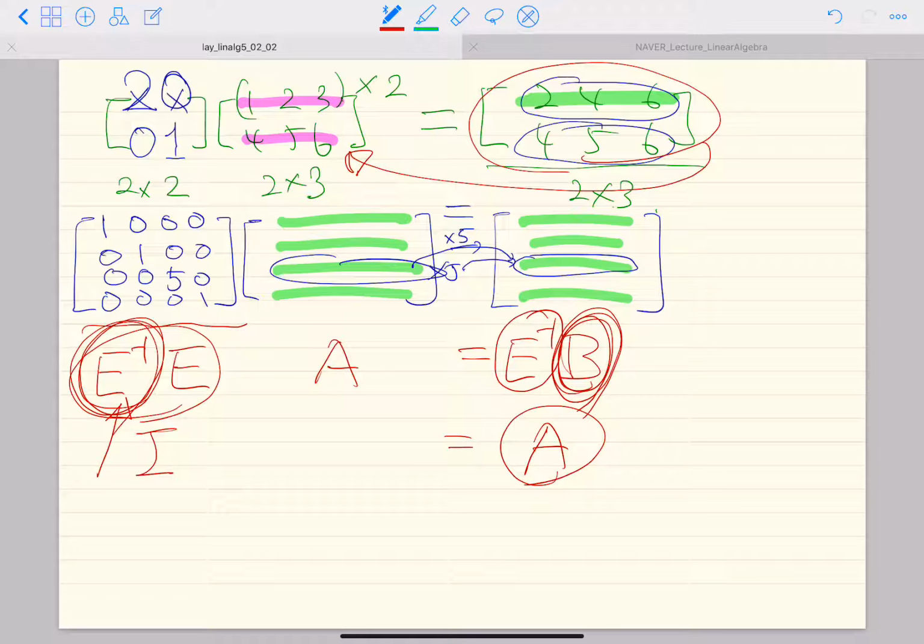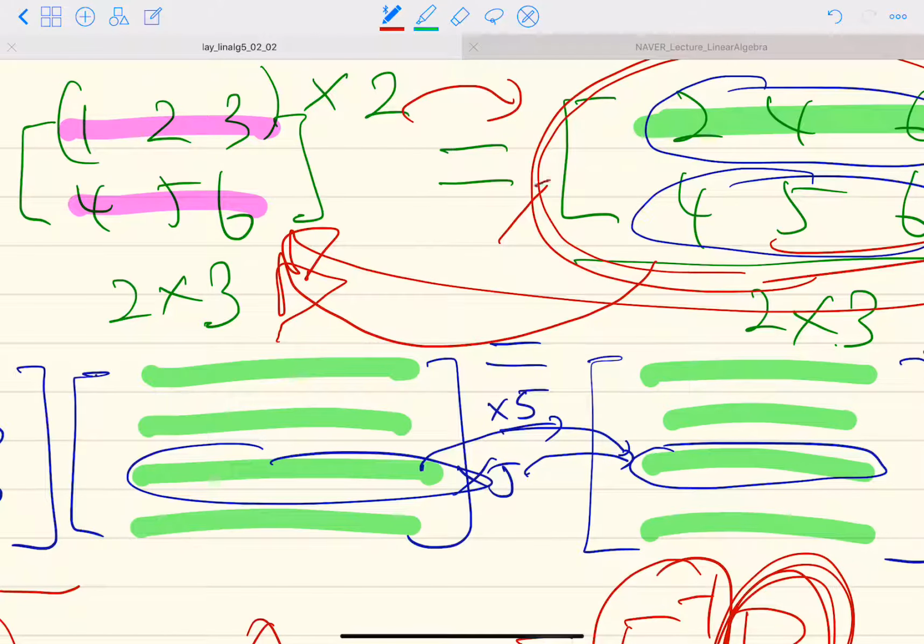What's the difference between the original and this matrix? The difference is the row scaling: the first row was scaled by 2 from the original matrix. So let's imagine a second elementary operation that will revert this back to the original matrix. What would be the corresponding elementary matrix?